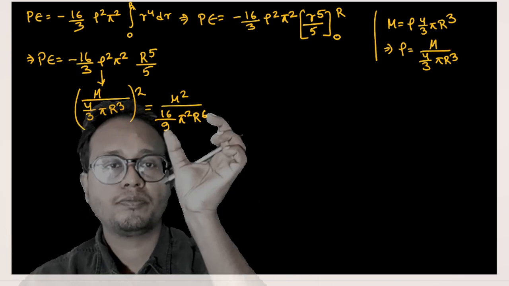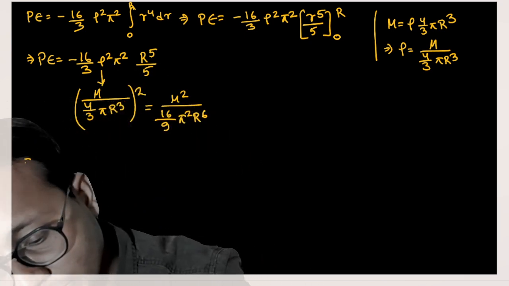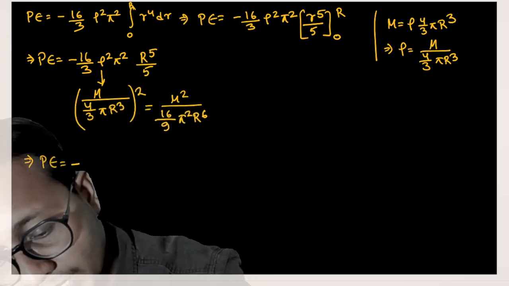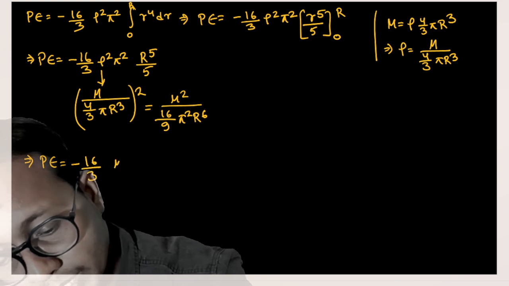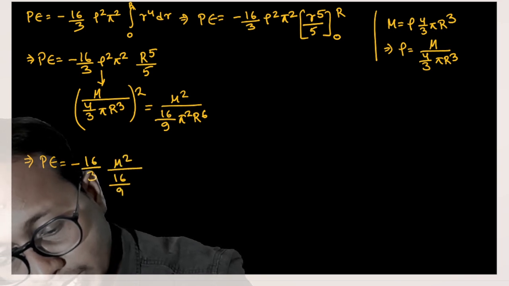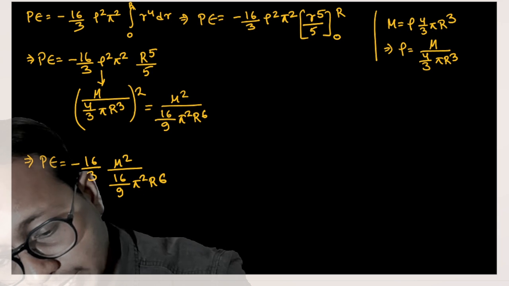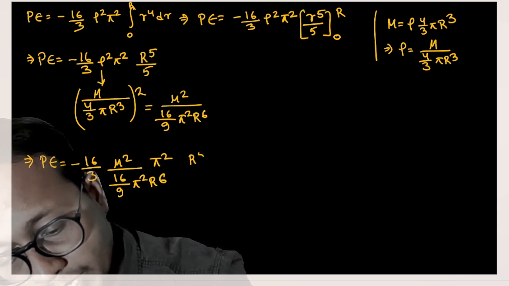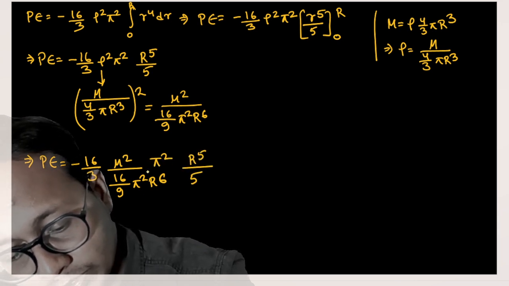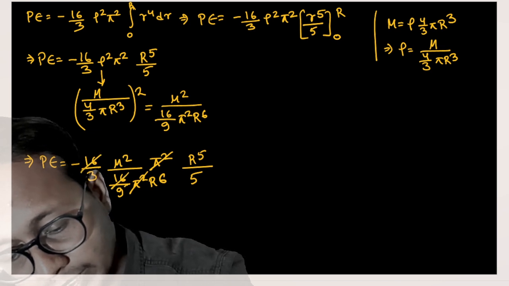Now when I substitute this value here, what do I get? Potential energy is equal to minus 16 by 3 into m square over 16 by 9 pi square R to the power 6, into pi square R to the power 5 by 5. So pi square will get cancelled. 16 and 16 will get cancelled. This 9 will go upward, 3 and 3 will become 9.